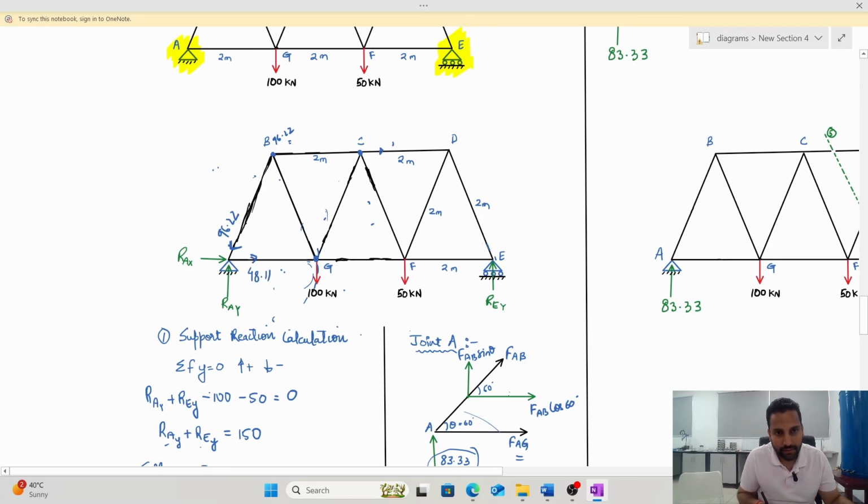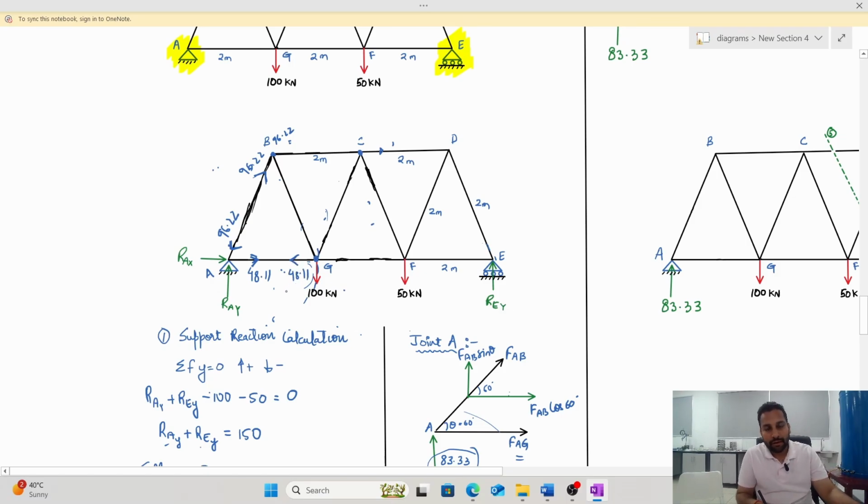Now remember, in the last example, which was a simpler example, we understood that forces are equal and opposite in a member. So in this member from A to B, there would be one more force going towards B, because they should be equal and opposite. So this should be towards B, and it is 96.22. Similarly, in this member A to G, you will have a force going away from G, which is 48.11.